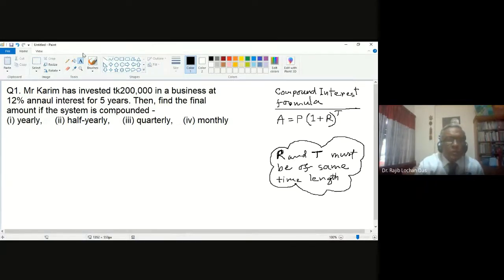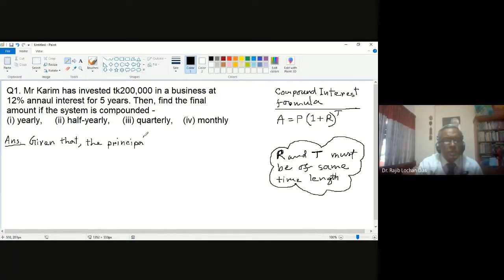Now how you will start answering? You will start answering by understanding the given information. What are the given information? So the principal amount is given. In this question, the principal amount, that is the original investment.